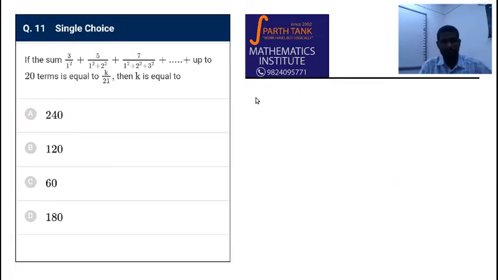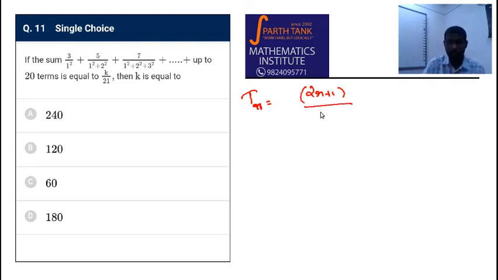The sum 3 by 1 squared plus 5 by 1 squared plus 2 squared, and so on up to 20 terms is equal to. What is the nth term in this? The rth term, the numerator is 2r plus 1 basically, right? Because 2 2s are 4 plus 1, 2 3s are 6 plus 1, 7.